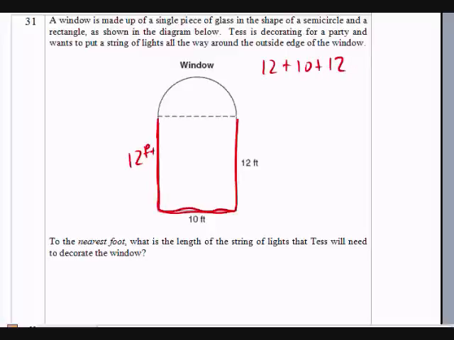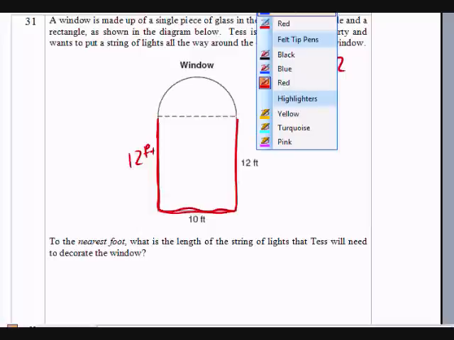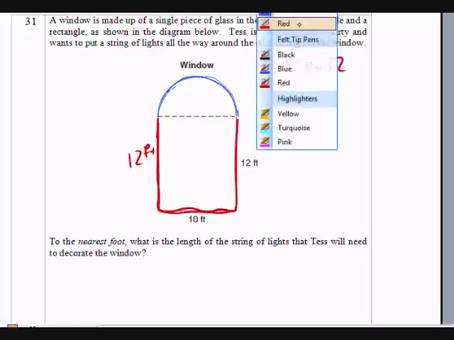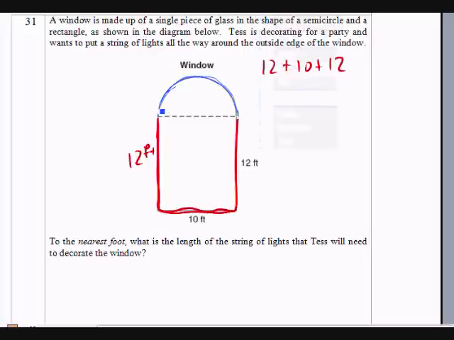I guess the most difficult piece here is to figure out the length of this side in blue, this semicircle. In order to find the semi-circumference of the circle, we need to apply the circumference formula, which is pi times d.